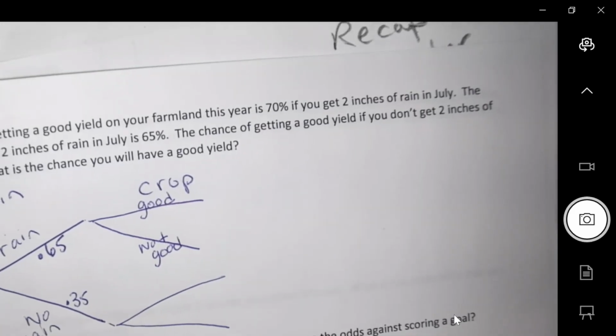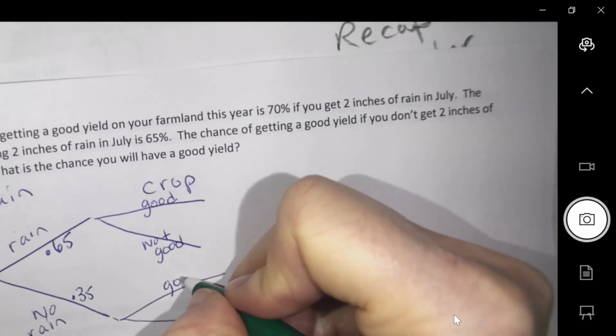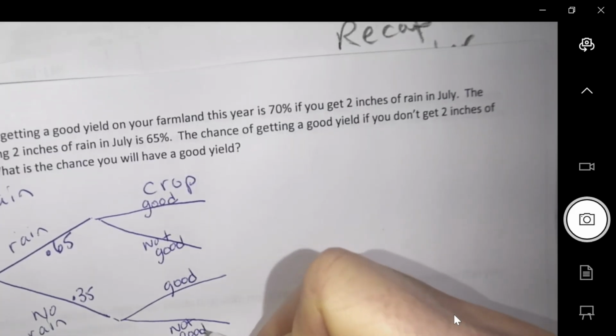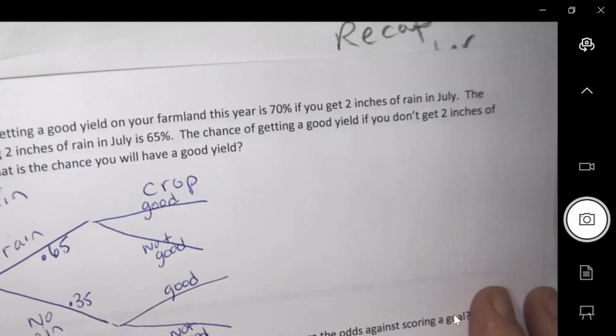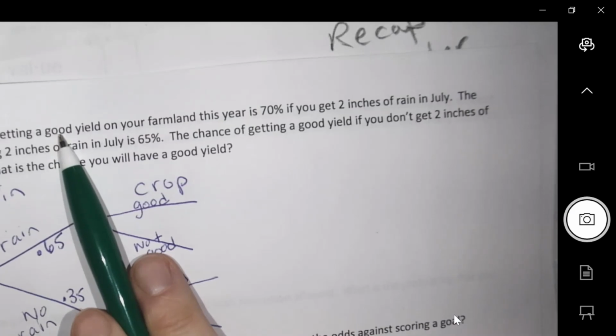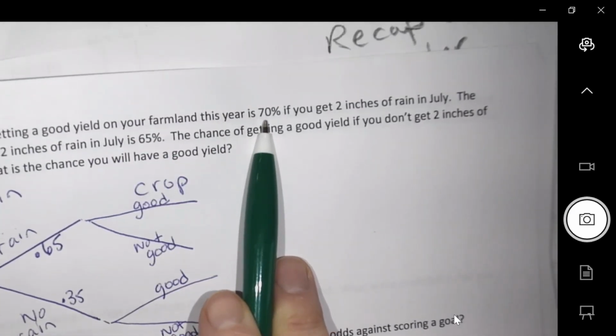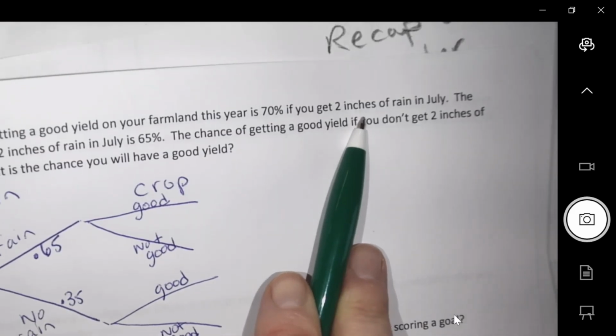Then you're either going to decide if you have a good crop or not a good crop. So the chance of getting a good yield is 70% if you get the rain.